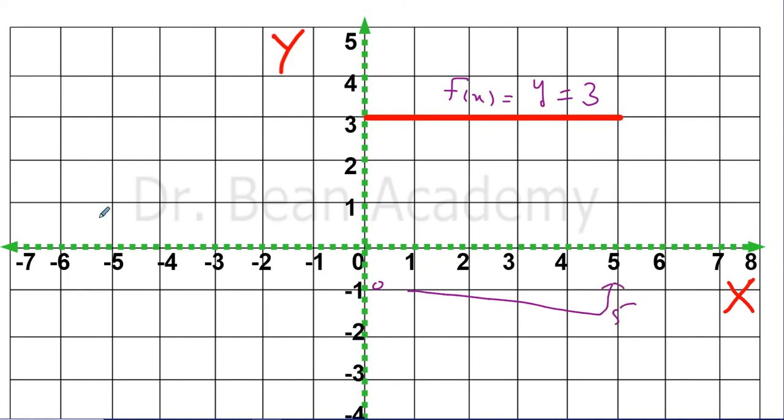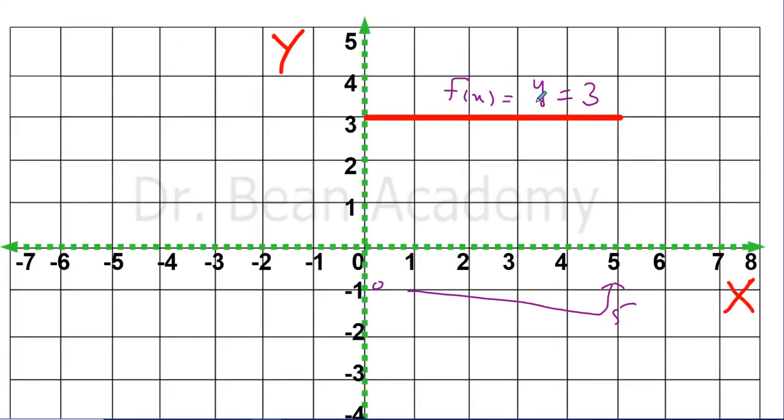If I want to put it in integration form, the limits of integration are from 0 to 5, and then f of x dx. I know the equation of the line is y equals 3, or f of x equals 3.